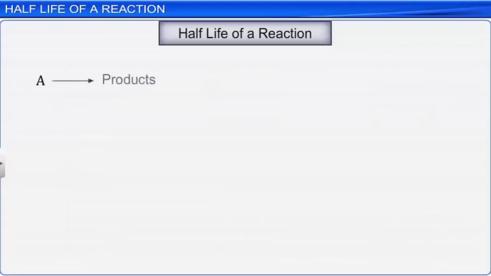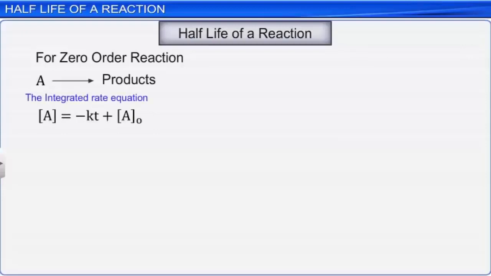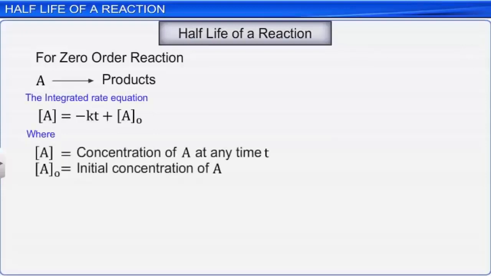Let's consider a simple reaction. If this reaction is of zero order, then the concentration of A is given by A is equal to minus k multiplied by t plus concentration of A naught.